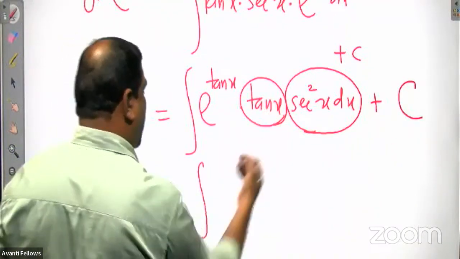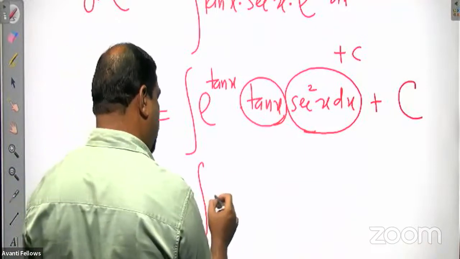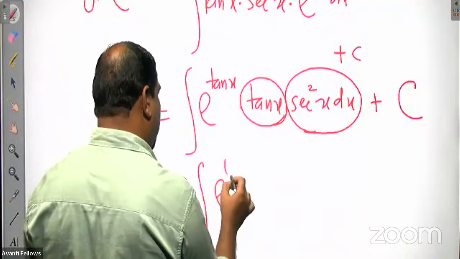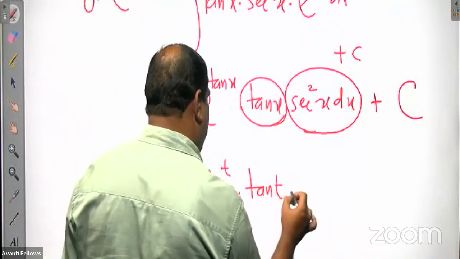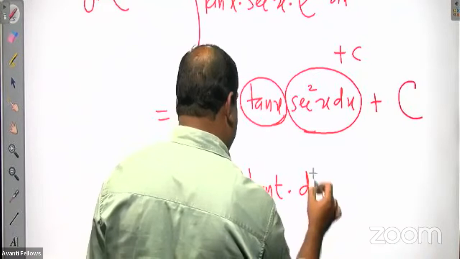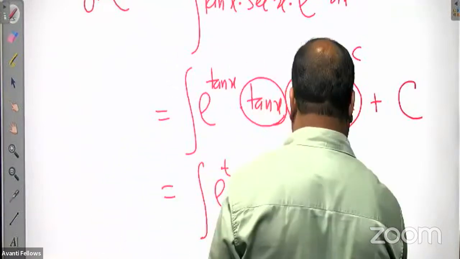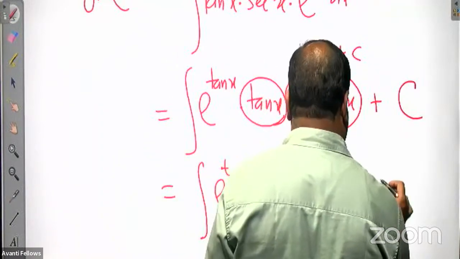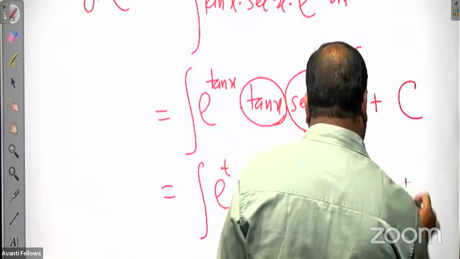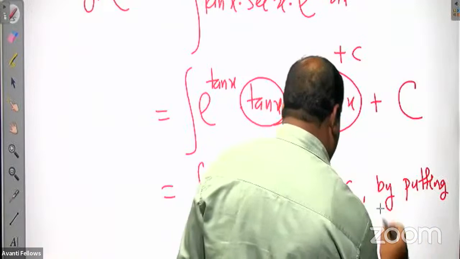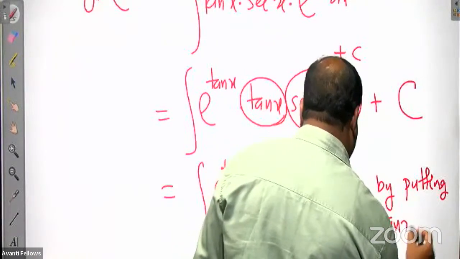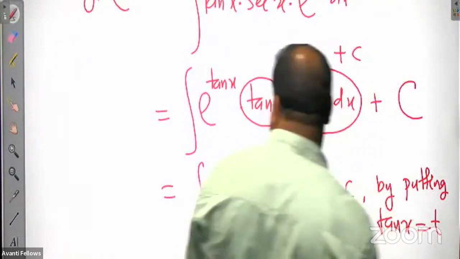So put tan x equal to t. So this reduces to e raised to t into t dt plus c, by putting tan x is equal to t.